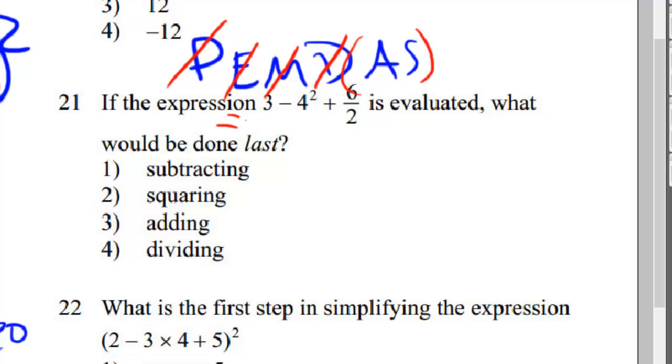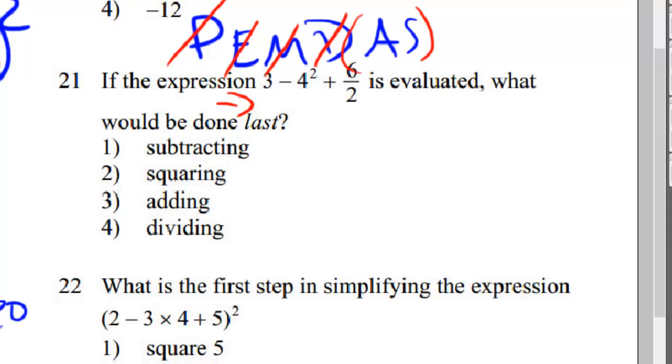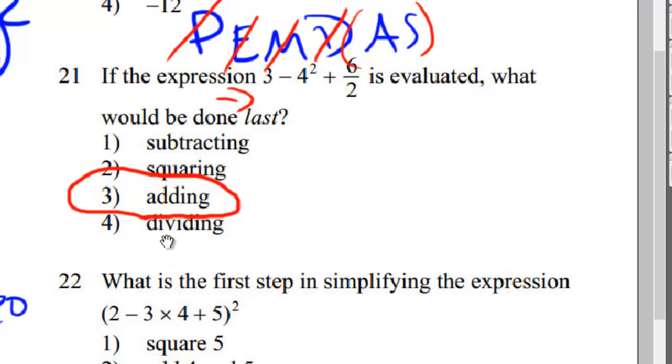So we're going to start here on the left side and then work our way to the right side. Subtraction goes before the addition sign because it's on the left side. So the last thing that we would do in this problem is add. Adding is option number 3. It's going to be our last operation.